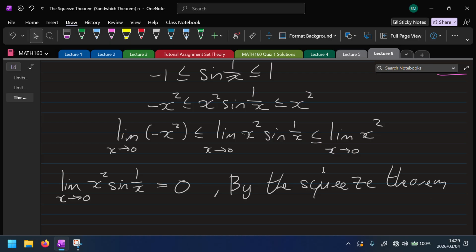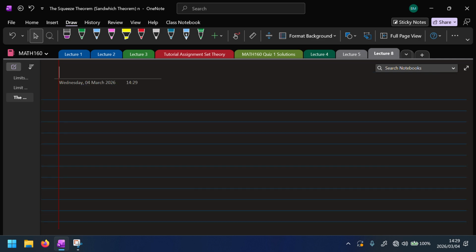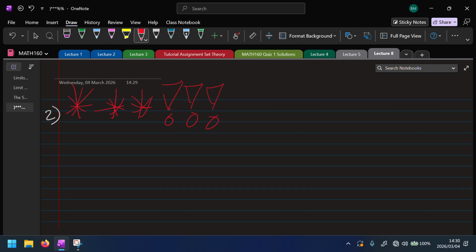Oh, good. Okay, example number 2 with the squeeze theorem. And for this one, please put a massive star, maybe another one, exclamation mark, exclamation mark, exclamation mark. So we will see this again in 1 week. Now, last year, I said, please put lots of stars, a lot of exclamations, we're going to be needing it later.